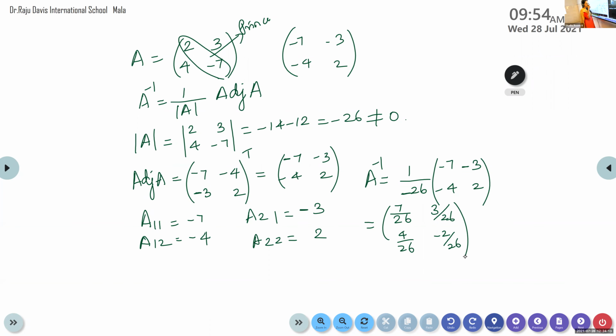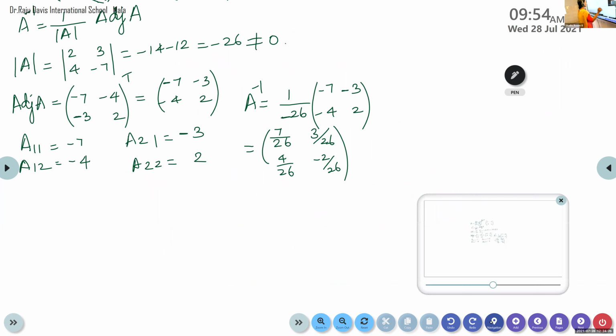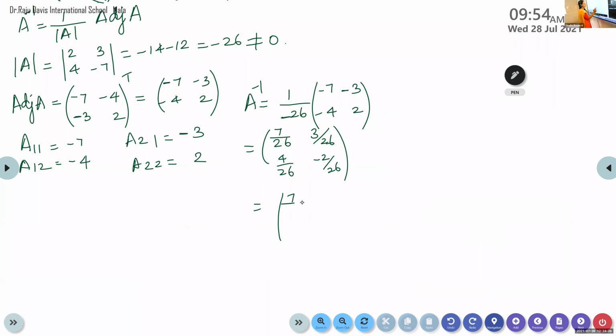You can simplify and write: 7 by 26, 3 by 26, 2 by 13, minus 1 by 13.